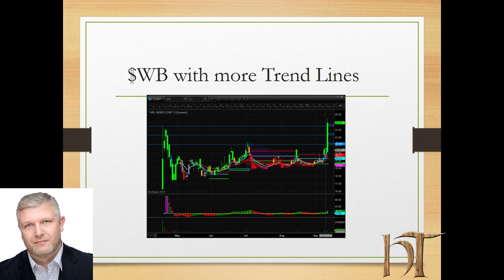This is what I do every day when I pull a stock off the watch list and look at the Gapper scanner. I start marking out trend lines of nearby areas of resistance and looking for windows, maybe throwing in a trend line every now and again, depending on what I can see.